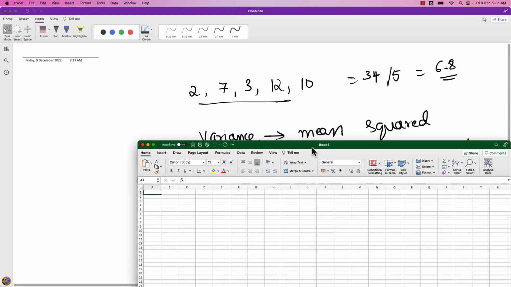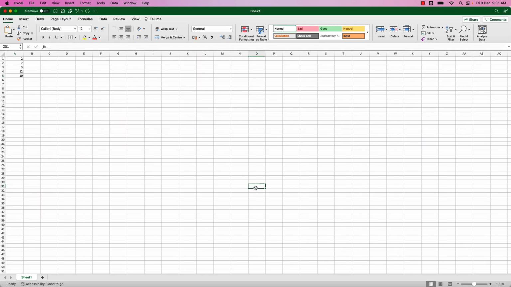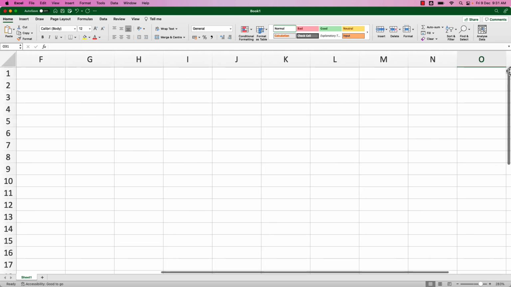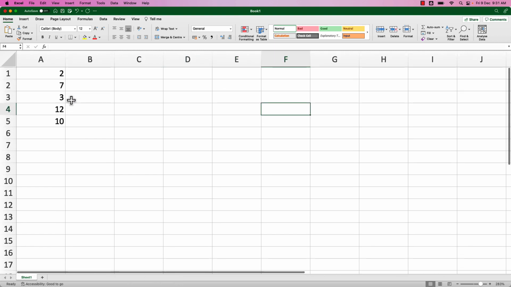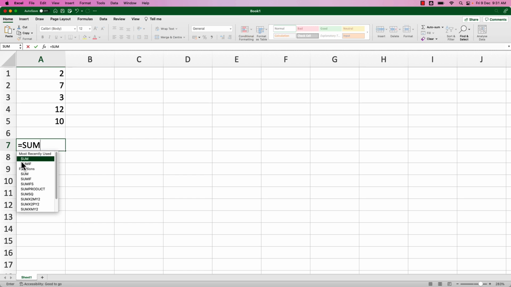The values I've got here are 2, 7, 3, 12 and 10. Next, I'll start by performing the sum. So this is the sum of all the values.